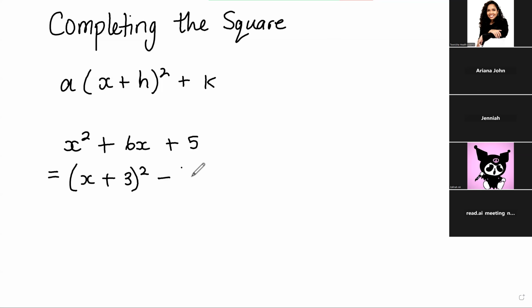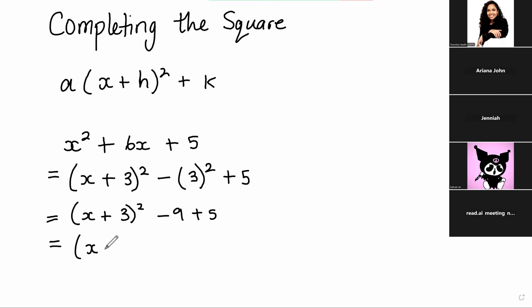Then we subtract that half of b squared, and you just bring down whatever c is. Now you simplify, so this would be (x + 3)² − 9 + 5. So this gives me (x + 3)² − 4, and that is your completed square format.